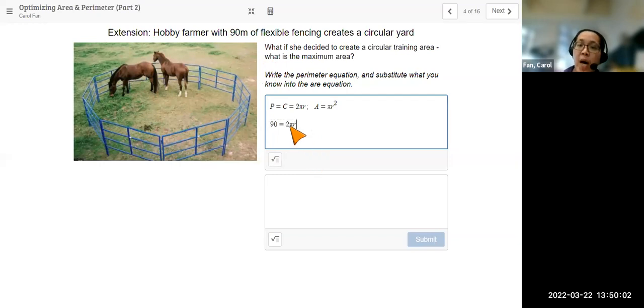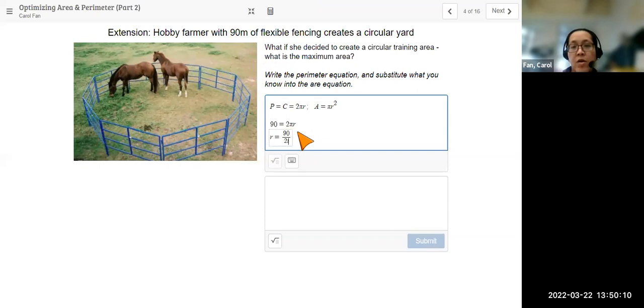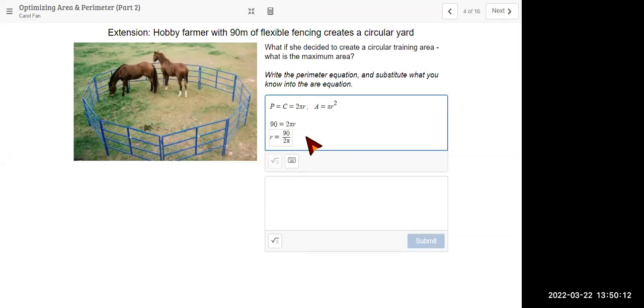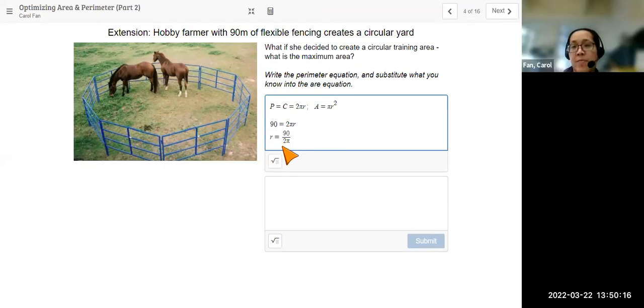Well, we know that pi is 3.14. So I'm just going to rearrange this. So I have r is equal to 90 over 2 pi. It's going to give me a decimal answer, so I'm not going to type it in right now because I don't want to round my answer until the very end.